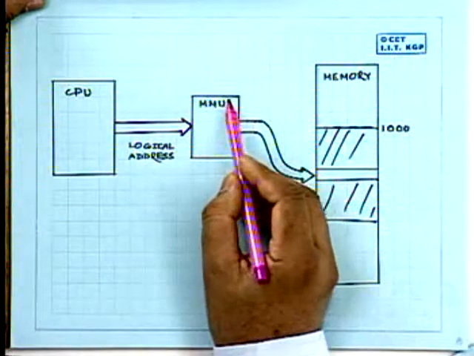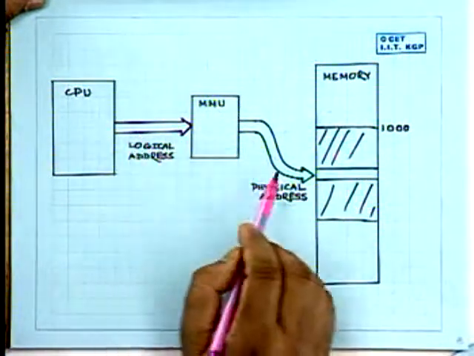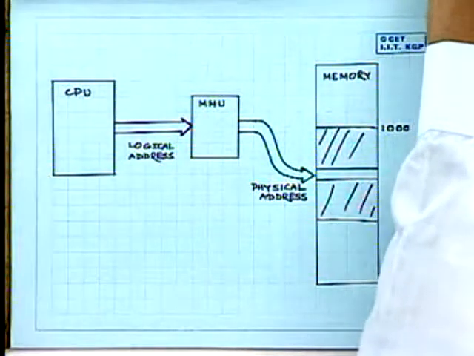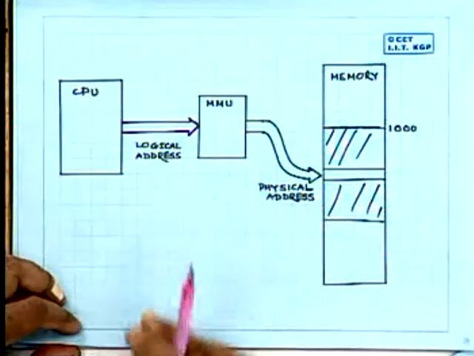Therefore, the memory management unit essentially does a mapping function from the logical address to the physical address. This is the basic purpose of a memory management unit, and naturally, the details of a memory management unit will change depending upon how we want to see the logical address and how we want to generate the physical address. What is the mapping involved from the logical address to the physical address, and how we want to see the logical address as such.